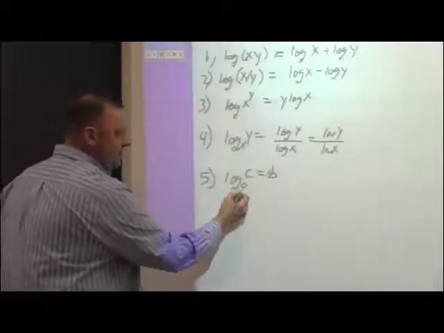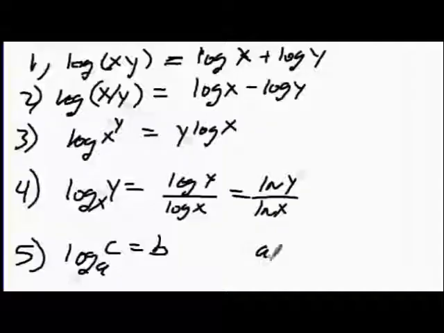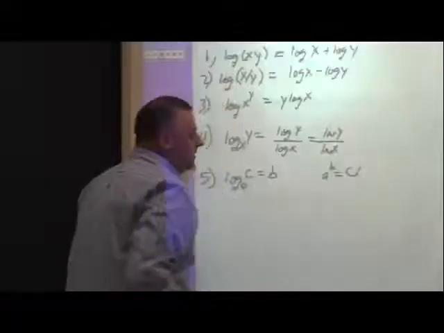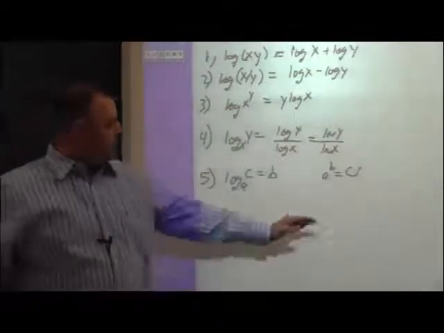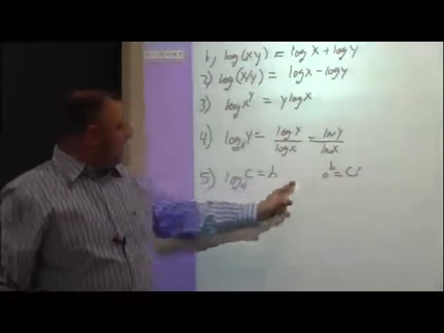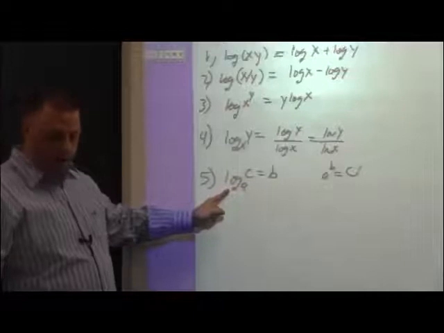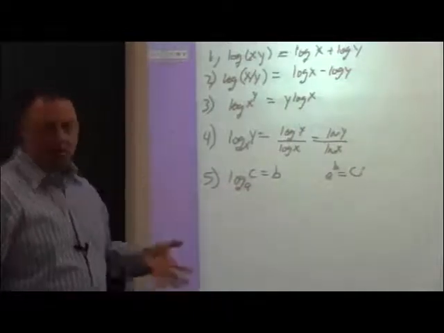You take the base, which is a, and raise it to what's across from the equal sign, the b. A raised to the b equals whatever is by the log, c. So a to the b is equal to c. So if you ever had an exponential situation, a raised to b equals c, you can write it into a logarithmic format. So these are some of the basic properties.